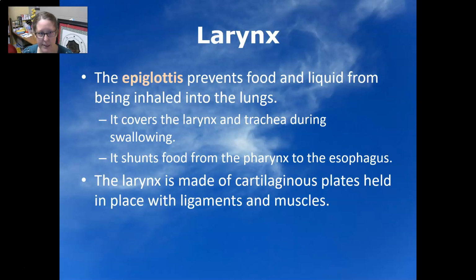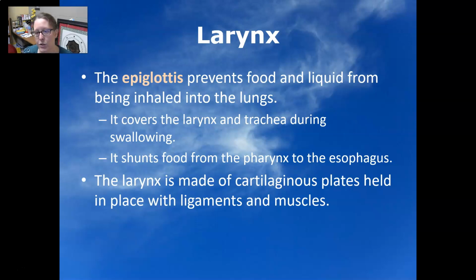The epiglottis is a flap that lays on top of the glottis, and it closes the voice box, the larynx, and the trachea when you swallow. So it's to prevent food and liquid from being inhaled into the lungs. So it covers the larynx and the trachea during swallowing and shunts the food down from the pharynx to the esophagus.